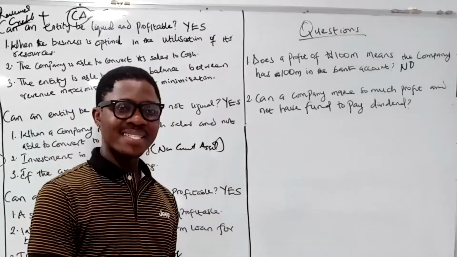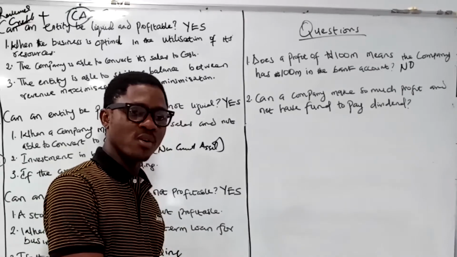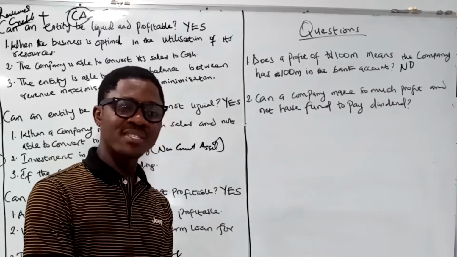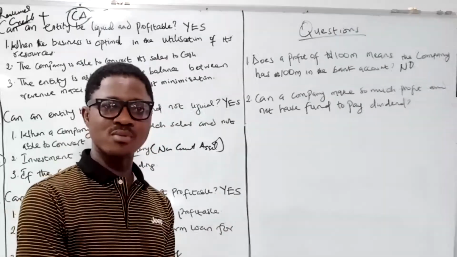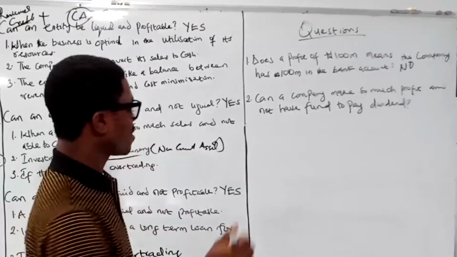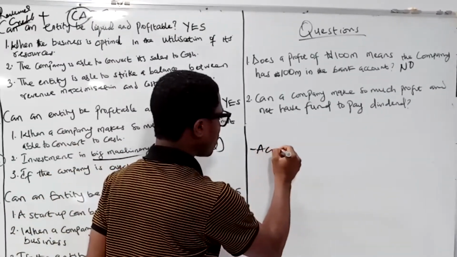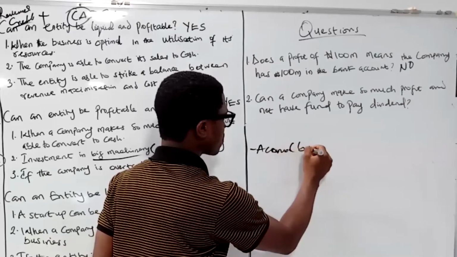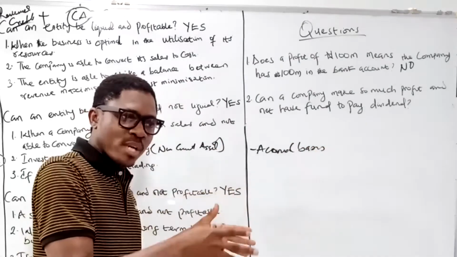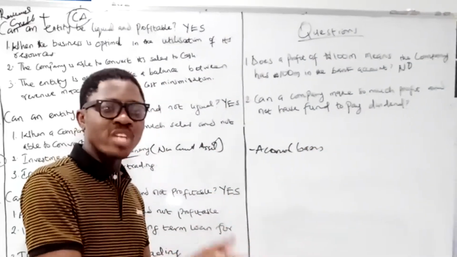Why is it that having a profit of 100 million does not translate to having 100 million in the bank account? Number one, we look at the concept of accrual basis.